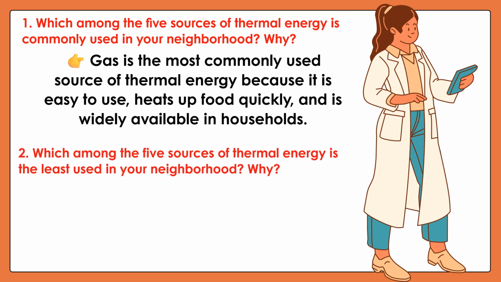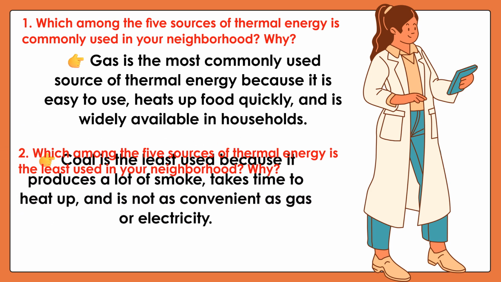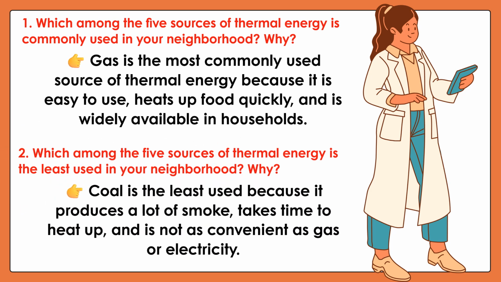Number 2, which among the 5 sources of thermal energy is the least used in your neighborhood, and why? Possible answer: coal is the least used because it produces a lot of smoke, takes time to heat up, and is not as convenient as gas or electricity.